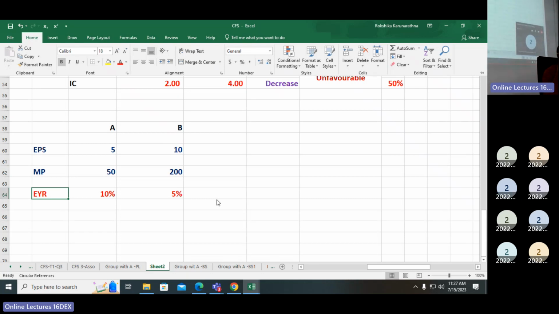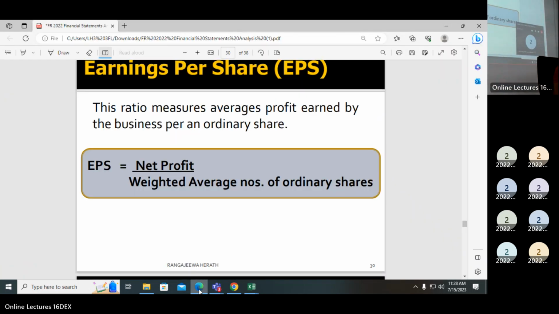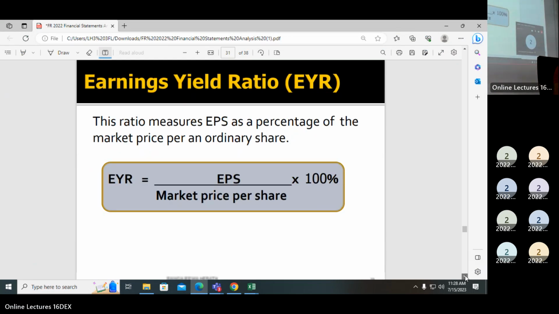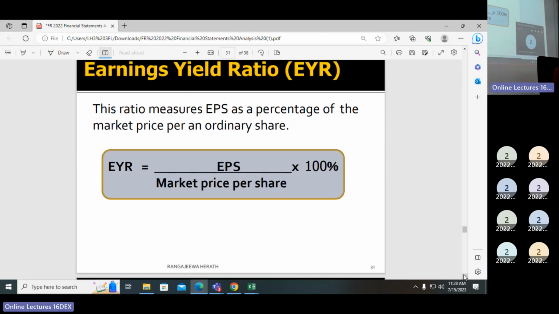One is 200, other 210, right? So 198, so very close. Okay, you can make the comparison. But the best way of comparing the earnings is earning per share divided by market price, this is called the earning yield ratio.